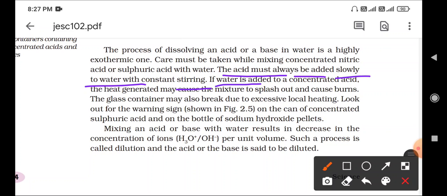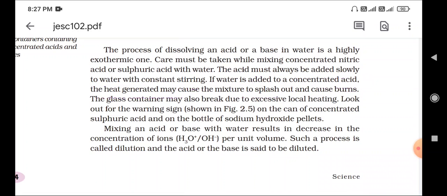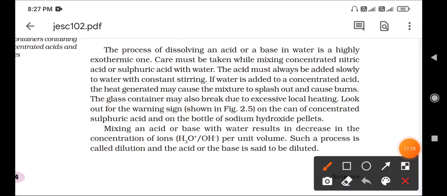If water is added to a concentrated acid, the heat generated may cause the mixture to splash out and cause burns. So the first question arises: why is water not added to the acid?